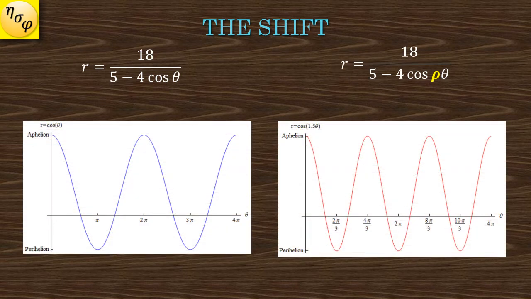Here I plotted r as a function of theta for two cases, rho equals 1 at left blue plot and rho equals 1.5 at right plot. Vertical axis shows the distance of the planet from its star, and the horizontal axis shows theta in radians. One wavelength is 1 year.